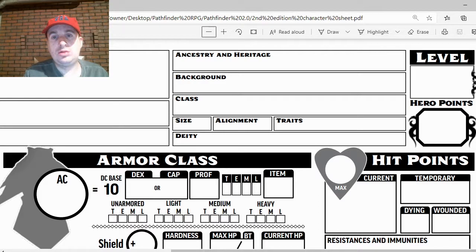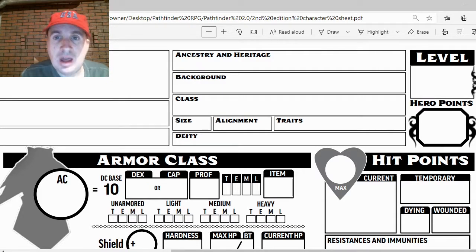Now, you can use those hero points to do one of two things. You can spend one hero point to reroll any one 20-sided die roll, otherwise known as a d20 roll. The second thing you can do with hero points is spend all of them that you have accumulated in order to stabilize while you have the dying condition.